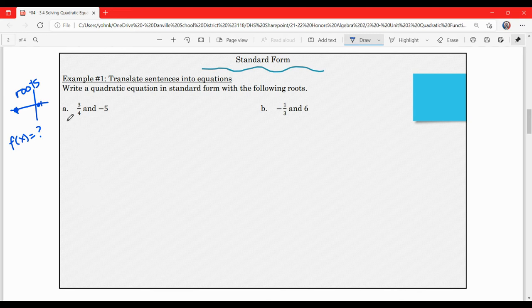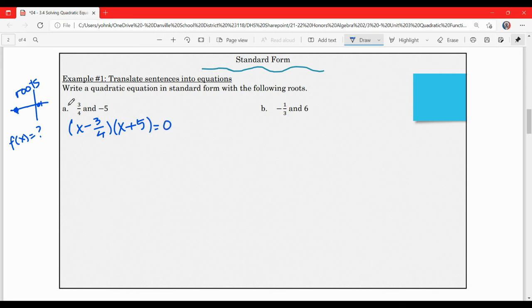So what we're going to do is, since we know they're the roots, then we know that they're x-intercepts. And if they're x-intercepts, that means y equals 0. So I can put these as factors and say x minus 3/4 and x plus 5 equals 0.